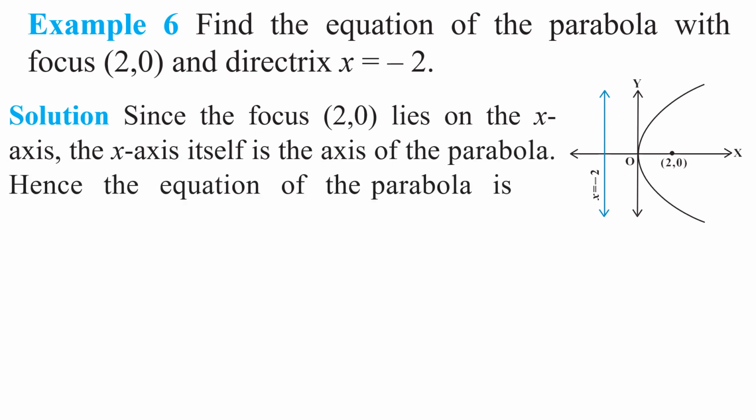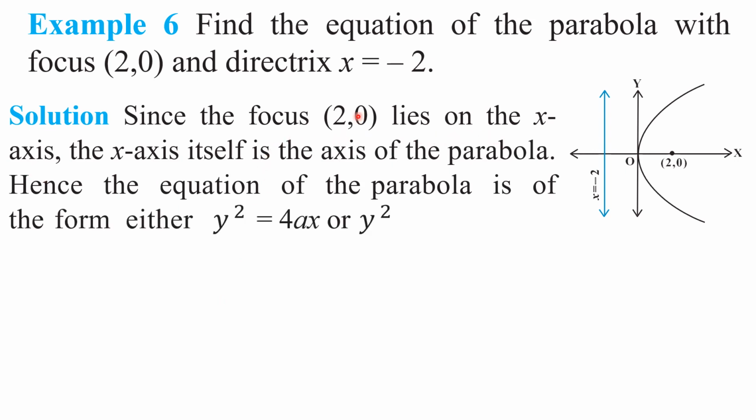Since the focus, the ordered pair (2, 0), lies on the x-axis, the x-axis itself is the axis of the parabola, or line of symmetry. We can call it the axis of the parabola or line of symmetry. Hence the equation of the parabola is of the form either y square is equal to 4ax or y square is equal to -4ax. Okay, my children, right.